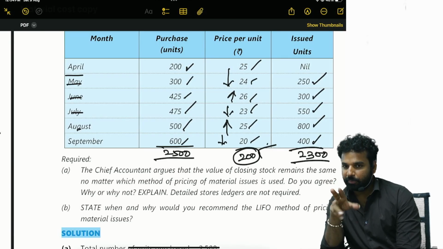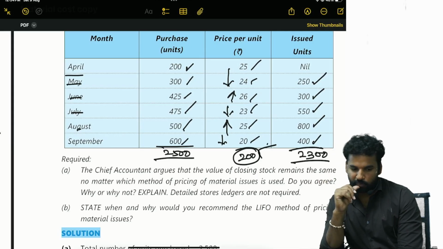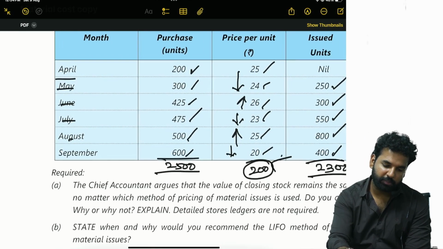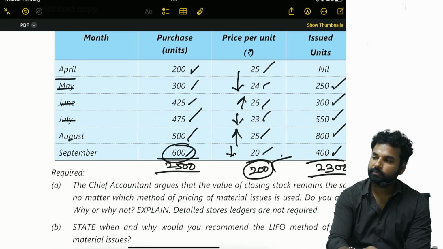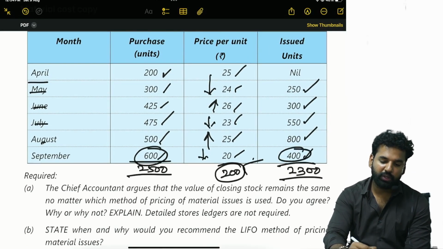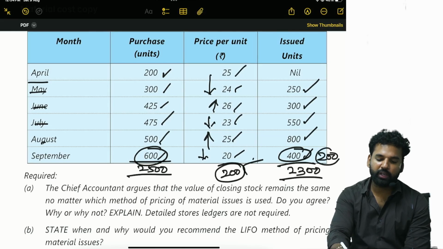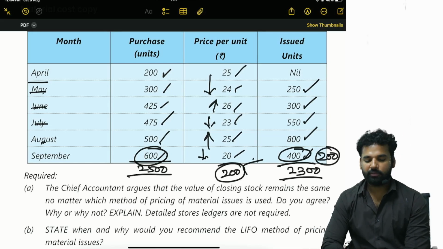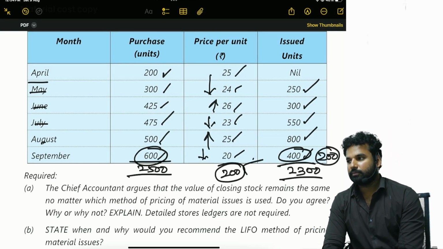Whatever the method may be, LIFO or FIFO. See here, September month we purchased 600 and issued 400. Closing stock is 200. That means there is no opening from August.